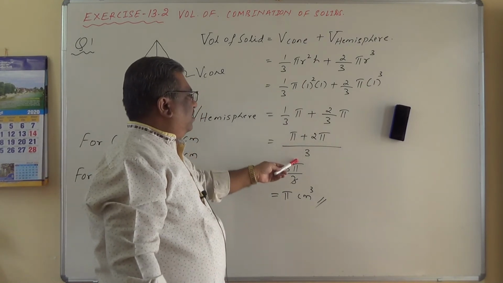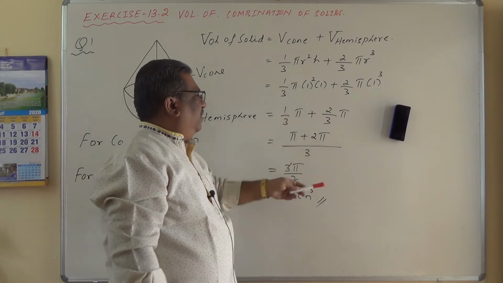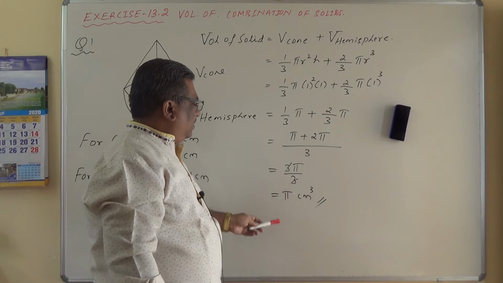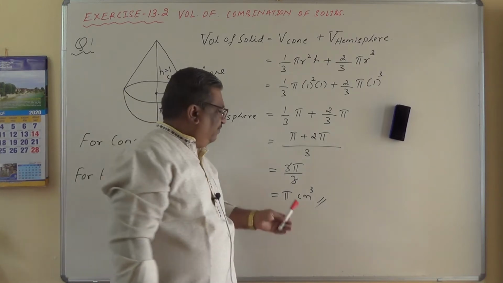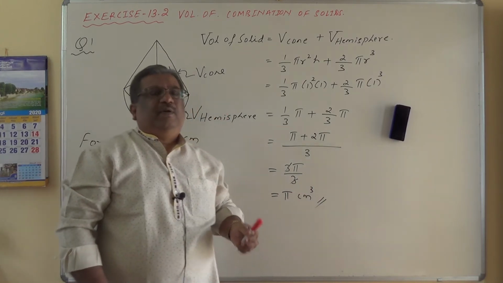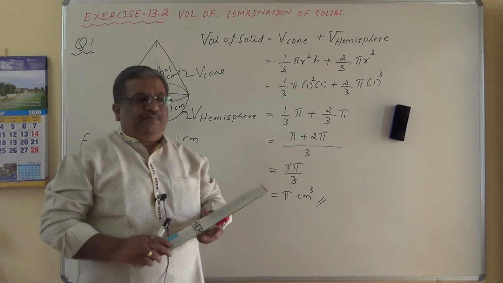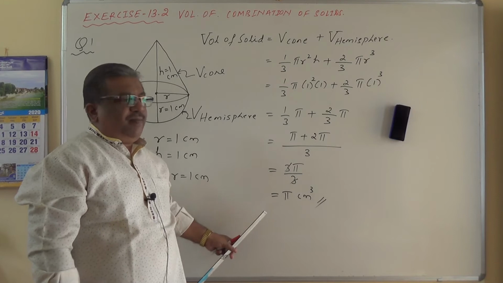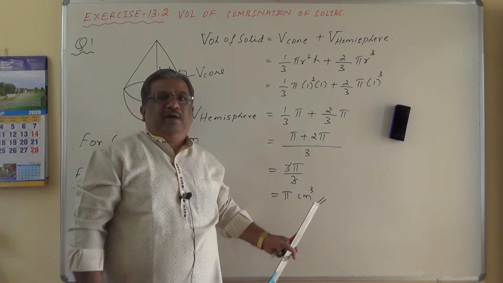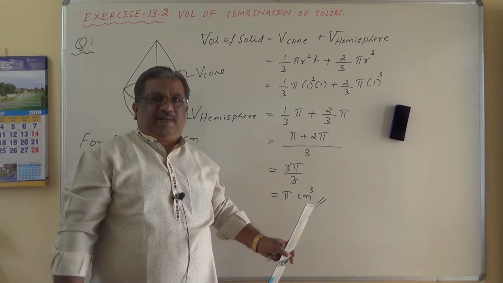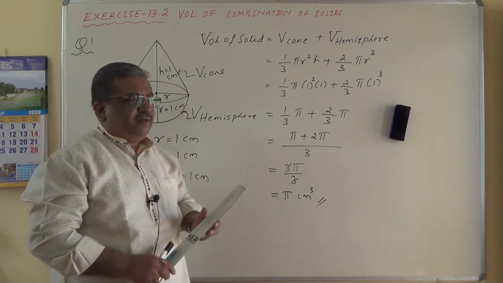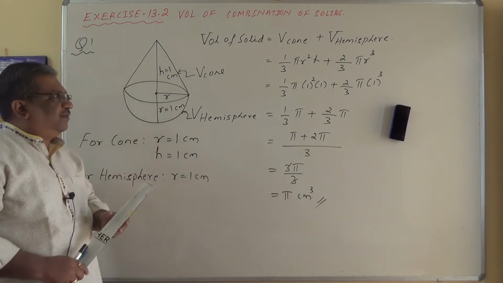Take LCM 3: 1 pi plus 2 pi, which gives you 3 pi, 3 pi by 3. 3 cancels, pi cubic centimeter. One thing is important. If you do not write the units of measurements, you may lose 1 mark, or at least half marks will be deducted. So, this is simple. Make a note of this.